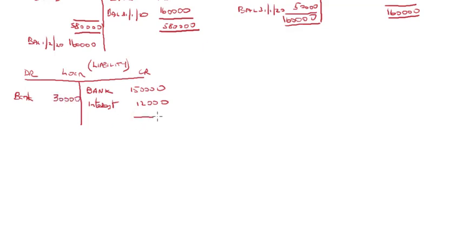So again, we add up both sides. On the right hand side it's 162. The left hand side is 30. We make it 162. And there's a missing figure, which of course, as we know now at this stage, the balance at the 31st of the 1st 2020, and the balance is 132.